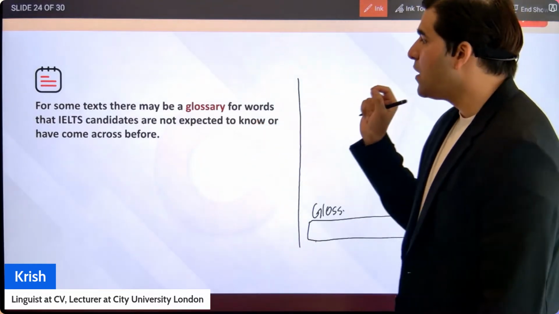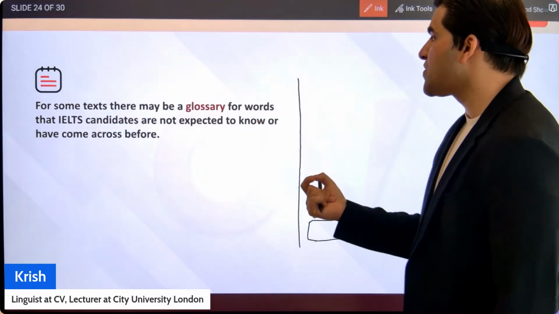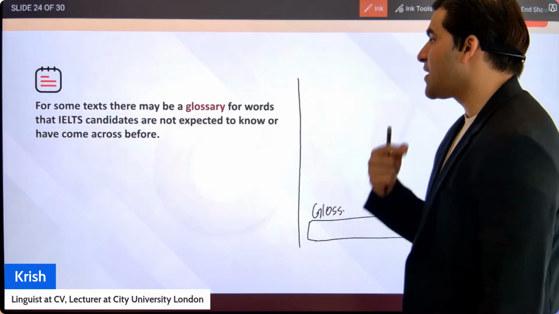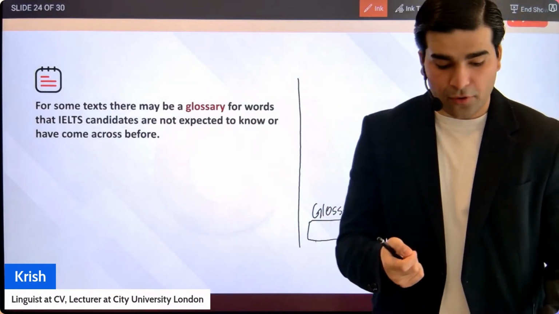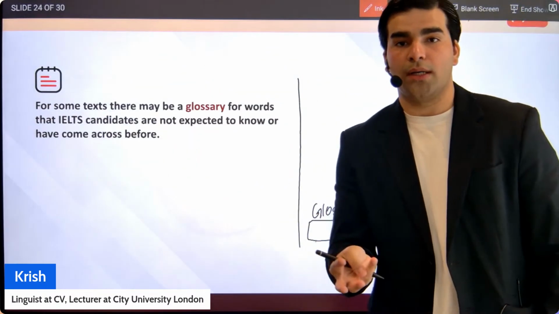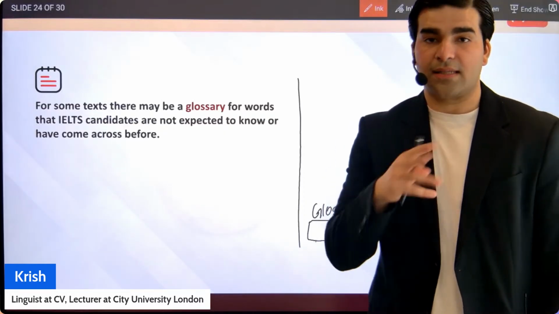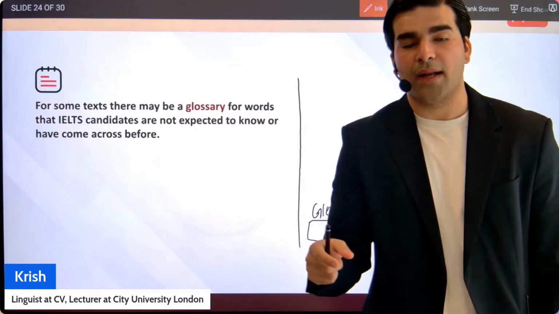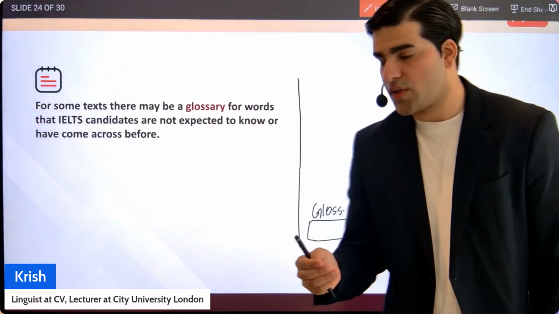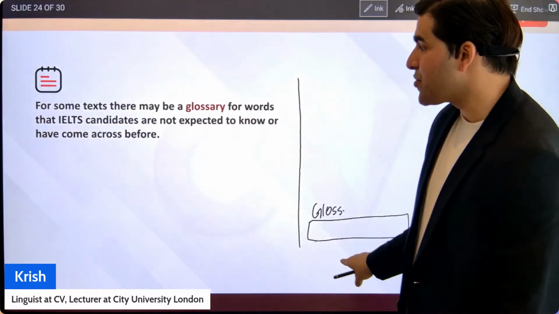So the tip is, for some texts, there may be a glossary for words that IELTS candidates are not expected to know or have come across before because they're super technical words. For example, lexical resources. As a teacher, you may know what it means, but to a common man, they may not know what lexical resources are. So in the glossary, it is mentioned.